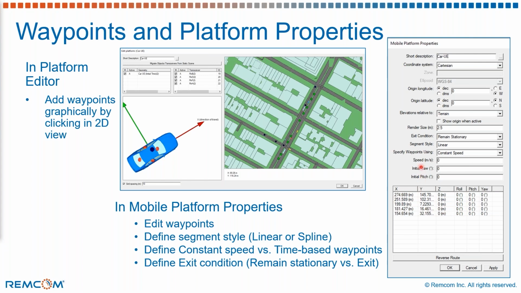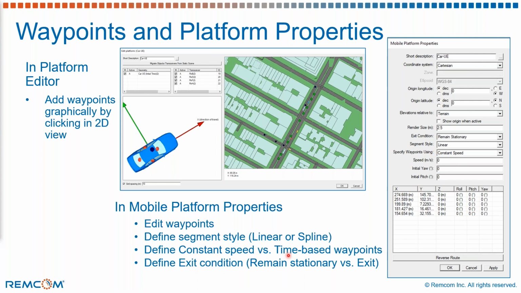You can also decide that you would like to define a time-based waypoint. What I'm showing here is the constant speed trajectory. And so you'll see the speed is defined here. Right now, I just have it at 0. Obviously, that's probably not what you want.